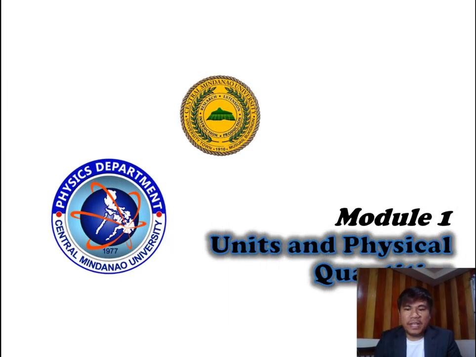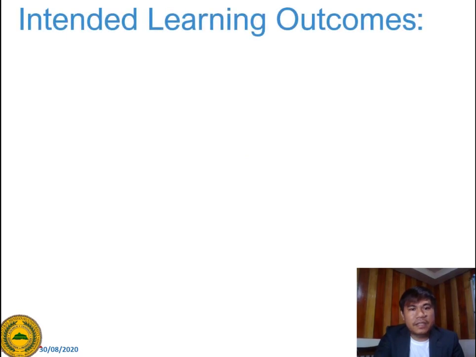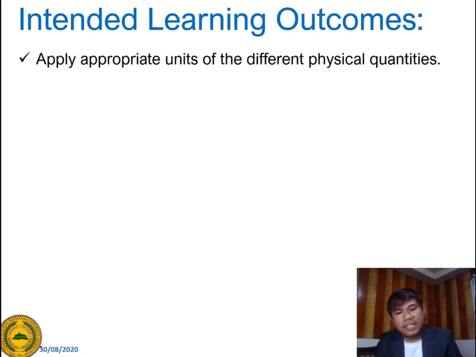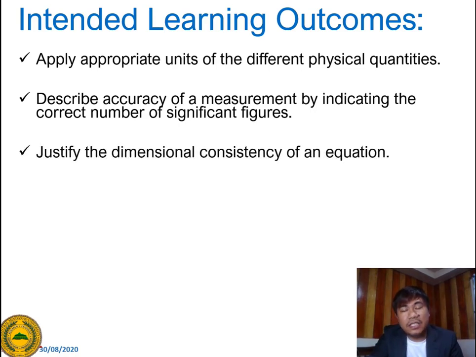So this is Module 1, entitled Units and Physical Quantities, and in this lecture we will learn about the following outcomes. First, at the end of the lecture, you should be able to apply appropriate units of the different physical quantities. Second, describe the accuracy of a measurement by indicating the correct number of significant figures, and justify the dimensional consistency of an equation.